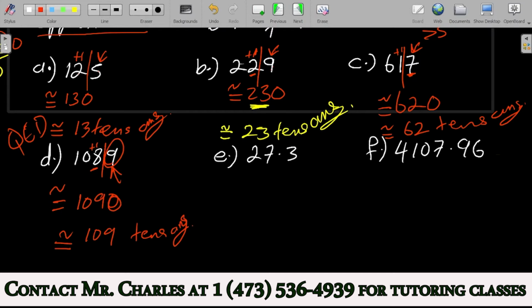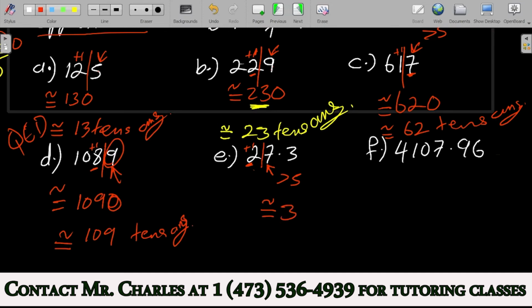Good. For E, the digit in the tens place is 2, so we have to put the line immediately to the right of the 2, between the 2 and the 7, and we'll look at the digit to the immediate right of that line, which is 7 in the ones place. It's greater than 5, so we have to add 1 to the 2. 2 plus 1 is 3. Okay, so approximately equal to 3.